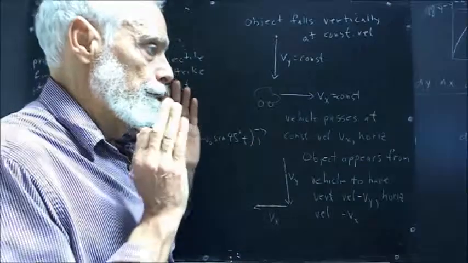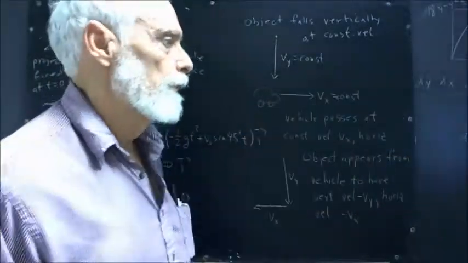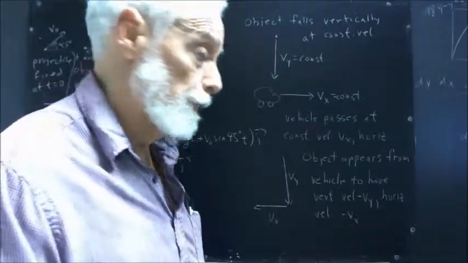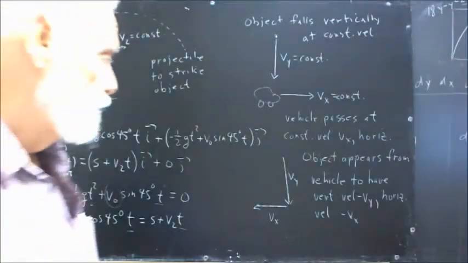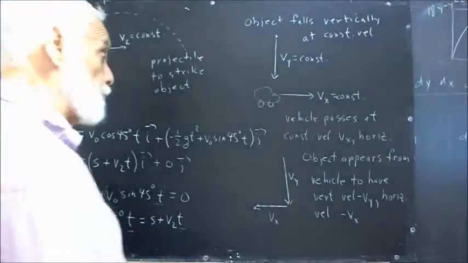If you're driving in a car in this direction, you see objects along the side of the road apparently moving in the opposite direction at the same speed that you're moving in the forward direction. So we superimpose these two velocities, we get a resultant velocity.